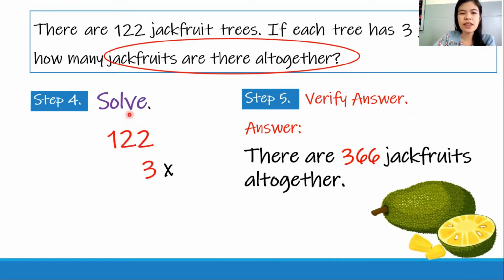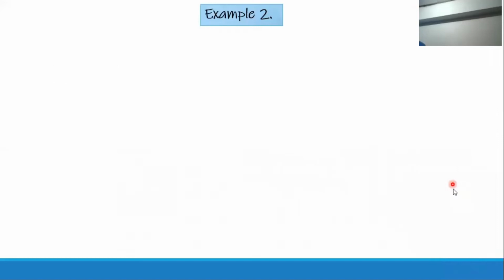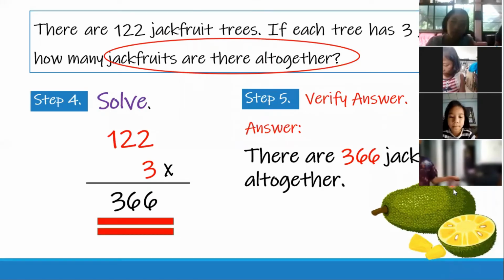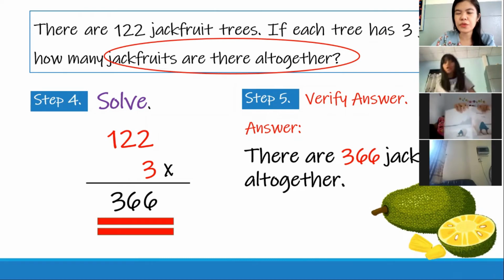So after solving, again, you have here step 4. You solve, you multiply, and then give your answer in a complete sentence. Is that clear? Any question? No. Okay, let us have a practice. Everybody please get a paper or a notebook.